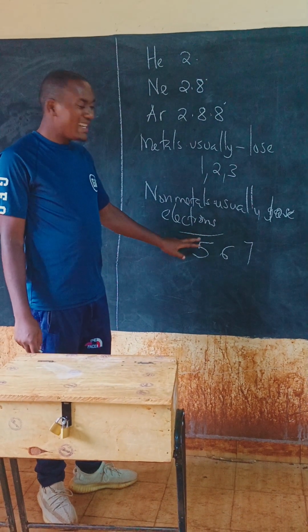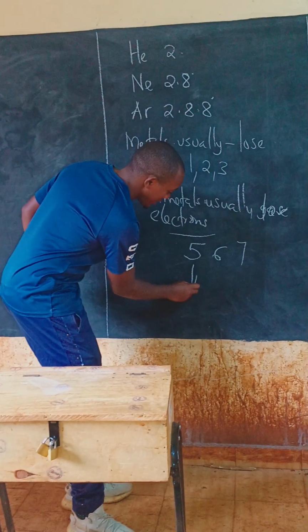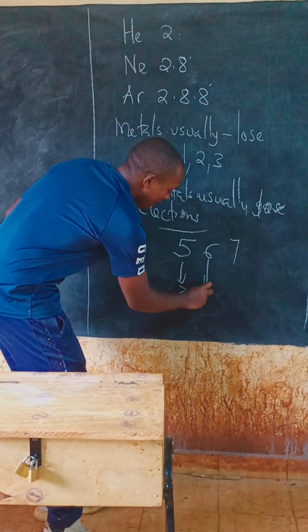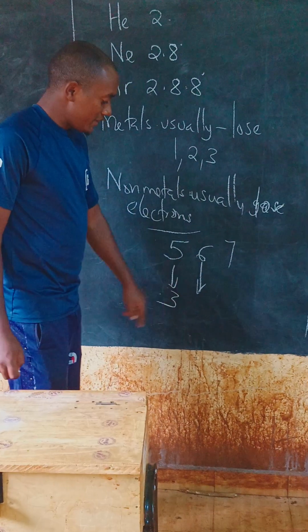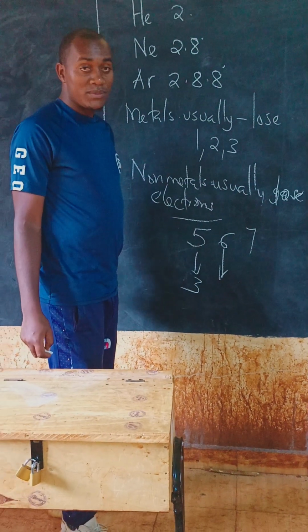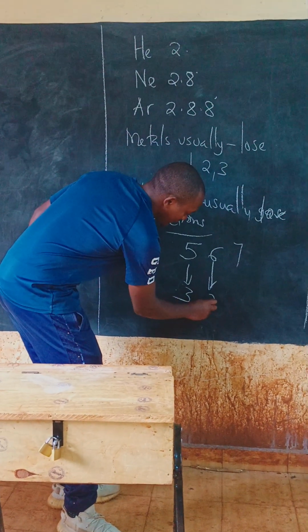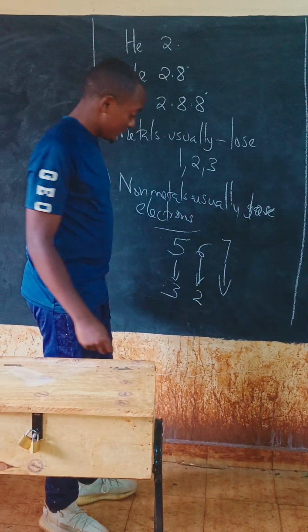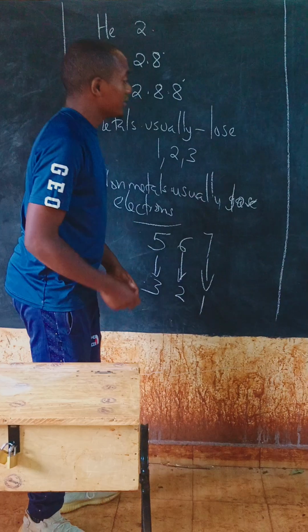If the outermost energy level has 5 electrons, it means that it gains 3 electrons if it has to be stable. And if it has 6 electrons in the outermost energy level, it means it gains 2. And if it has 7 electrons in the outermost energy level, it gains 1 electron.